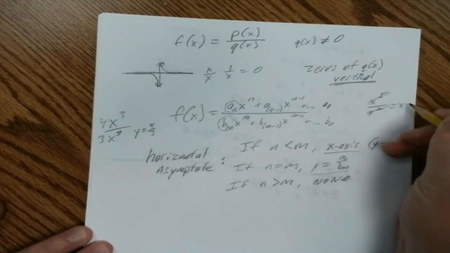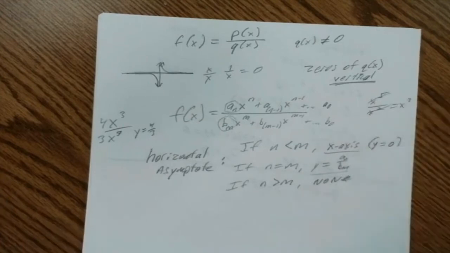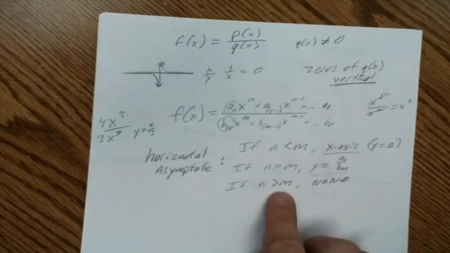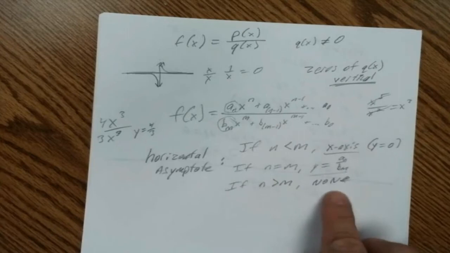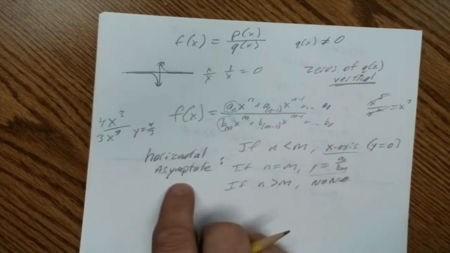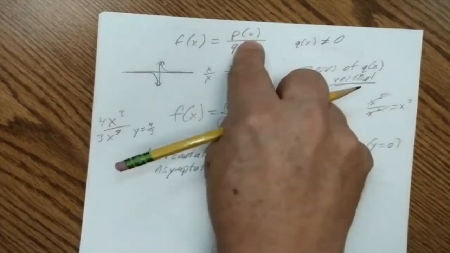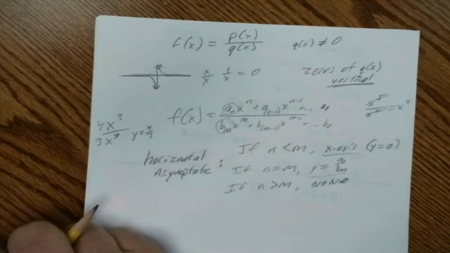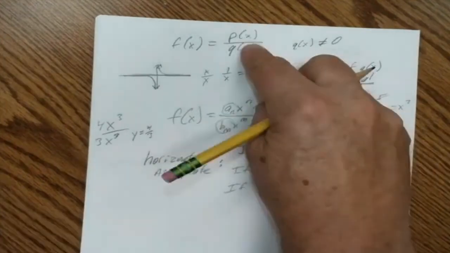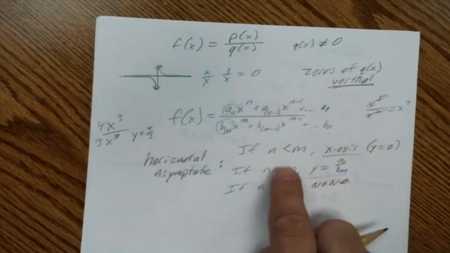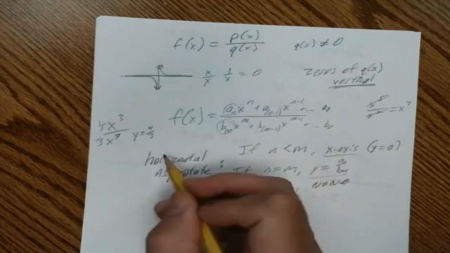When you simplify all that, you'll end up getting rid of the denominator. So anytime we have the power of the numerator higher than the power of the denominator, there are none. So there's the 3 cases for the horizontal asymptote, just looking at a quotient like this, when we have our polynomial as a quotient, where we have a top and a bottom.